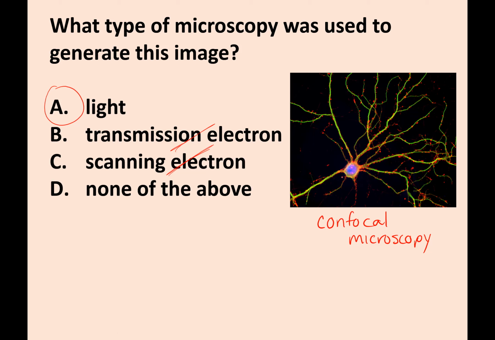Again, this is a neural cell with the axon and dendrites projecting out of it. If you had said none of the above, and sometimes I do this in class, I would never do this on a test, but I would also accept it because it definitely doesn't look like light microscopy. So it's a very special kind of confocal. One of the things you'll notice in class is sometimes I put much harder questions on clickers than you would normally have on an exam because I want us to have some discussion.